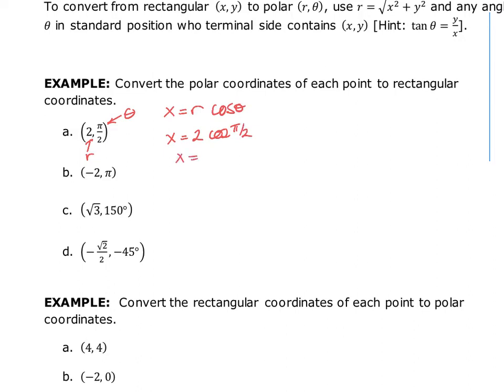The cosine of pi over 2 is 0, so x is going to be 0. Y is equal to r sine of theta, so y is equal to 2 sine of pi over 2. So y is equal to 2 times 1, or just 2. So this ordered pair in polar form is equivalent to the ordered pair 0, 2 in the Cartesian or xy plane.